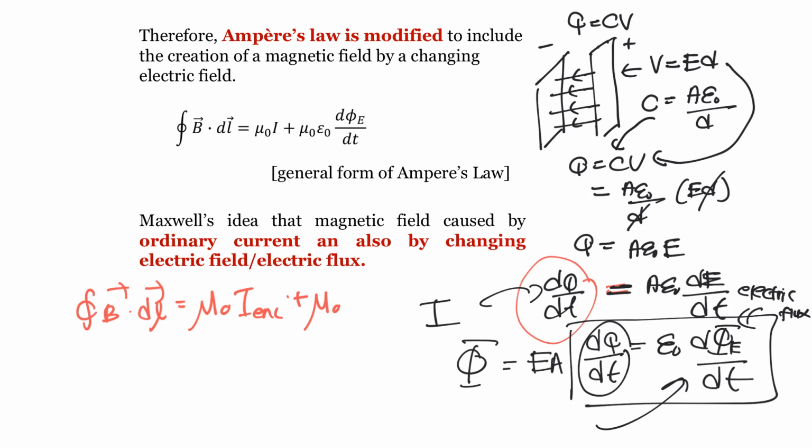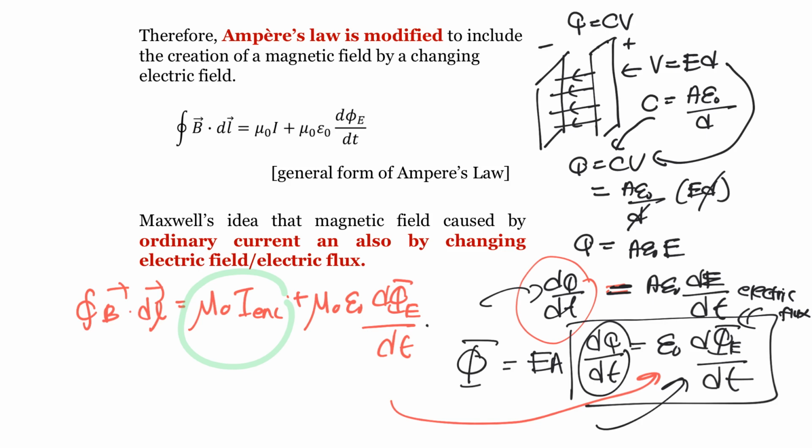This equals d flux E over dt, which means that we are going to state that the change of the current can actually produce a magnetic field. At the same time, the change of electric field also produces a magnetic field.